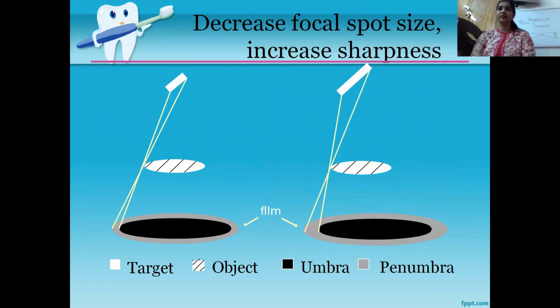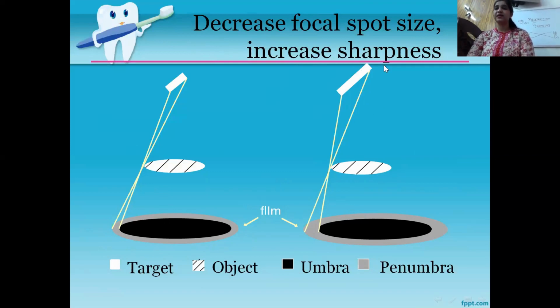So over here we can see decrease in focal spot size, increase in sharpness. If this is the target, and we can see the image covering the whole of the umbra, with a reduced focal spot, a little bit of penumbra is formed over the edges, surrounding the umbra.